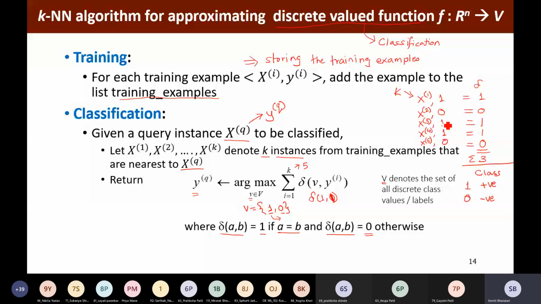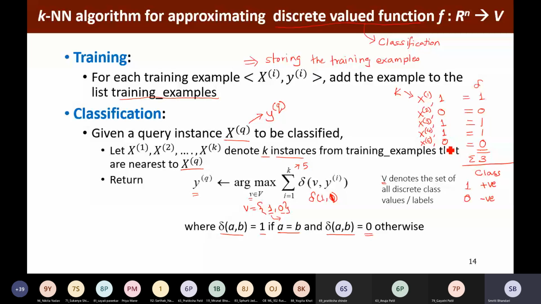Right? Similarly, we are going to find out this summation for v equal to 0, that is the other class label. So obviously, what will happen? How many samples out of these 5 are from class 0? 2 samples. So this summation 3 would be for v equal to 1, and for v equal to 0 we have 2.